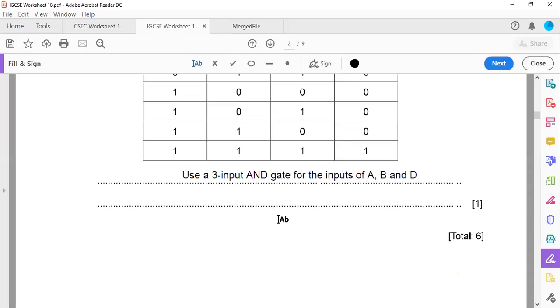I'll send the three input AND gate on the group chat. You'll see they use W, X, Y, but we are not going to use W, X, Y, we're going to use A, B, D in ours.